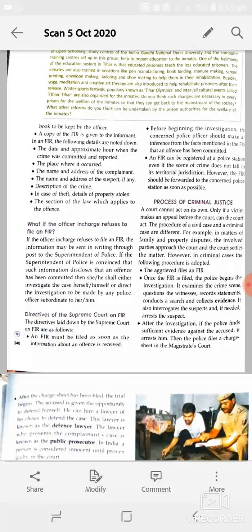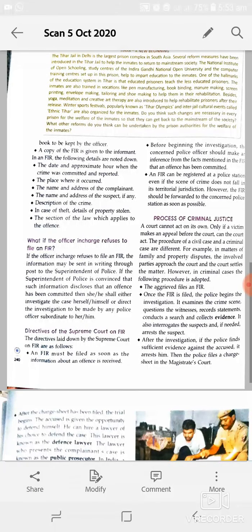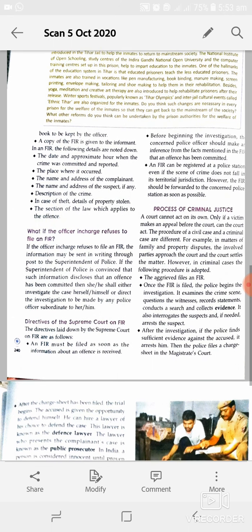Second, before beginning the investigation, the concerned police officer must make an inference from the facts mentioned in the FIR that an offence has been committed. If an FIR is registered at a police station even though the scene of the crime does not fall under its territorial jurisdiction, then the FIR should be forwarded to the concerned police station as soon as possible.